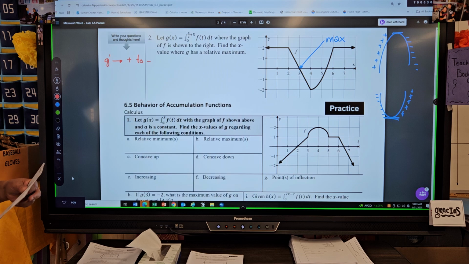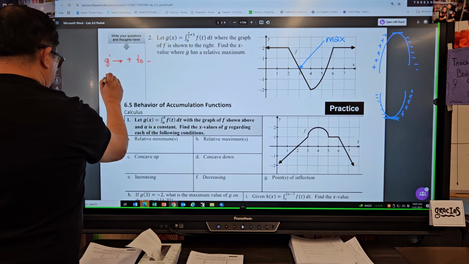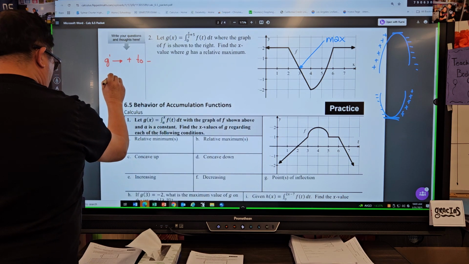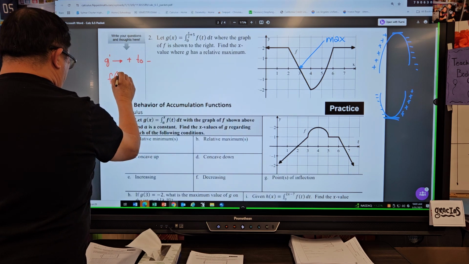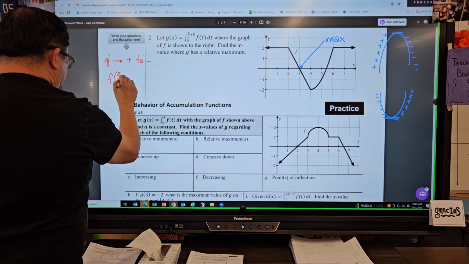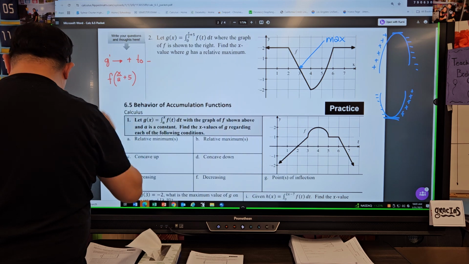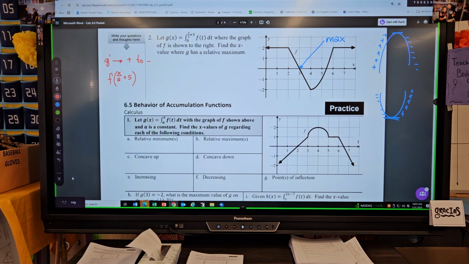Just have that, and then that means, what is the given function? So we have f of x over 2 plus 5, and that would be equal to 0.